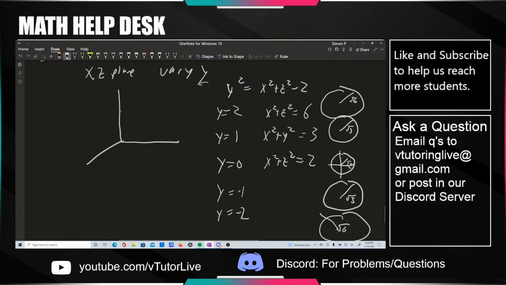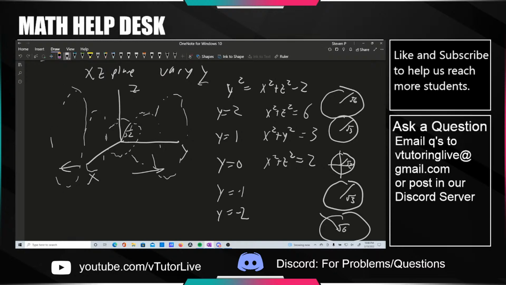So if this is x and this is y and this is z, on the xz plane you have a circle of root 2, but as you go further in each direction, either left or right, the cross sections are still circular, but they keep getting bigger and bigger. Can you all picture that? Yeah, I would describe this as an hourglass shape.